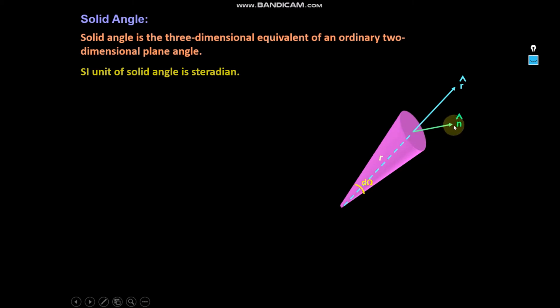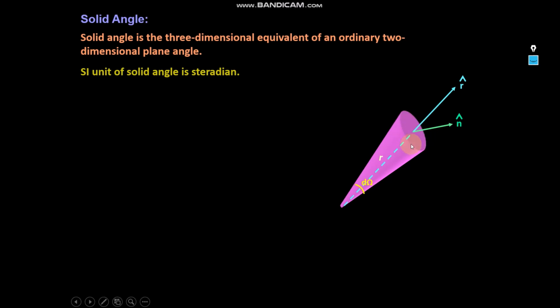Now this direction of the surface area, and this direction of the radius from the vertex where all the corners of the circle are joined, make a certain angle.